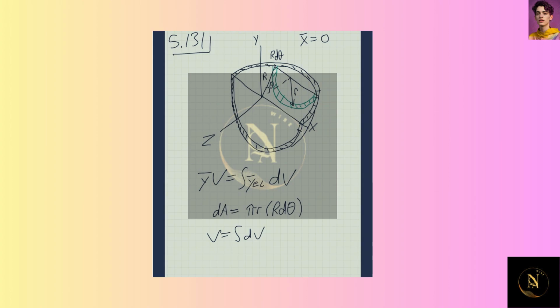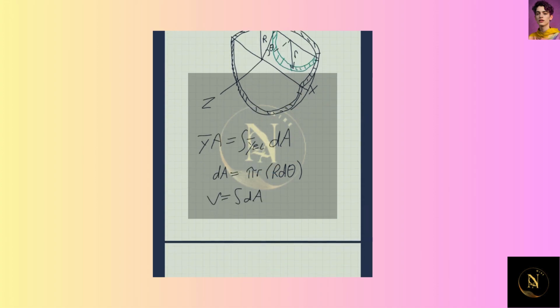And we need this to find the volume, because the volume is equal to the integral of the differential volume, or rather, since it's a thin hemisphere shell, it'd actually be the area that we're using in this problem.